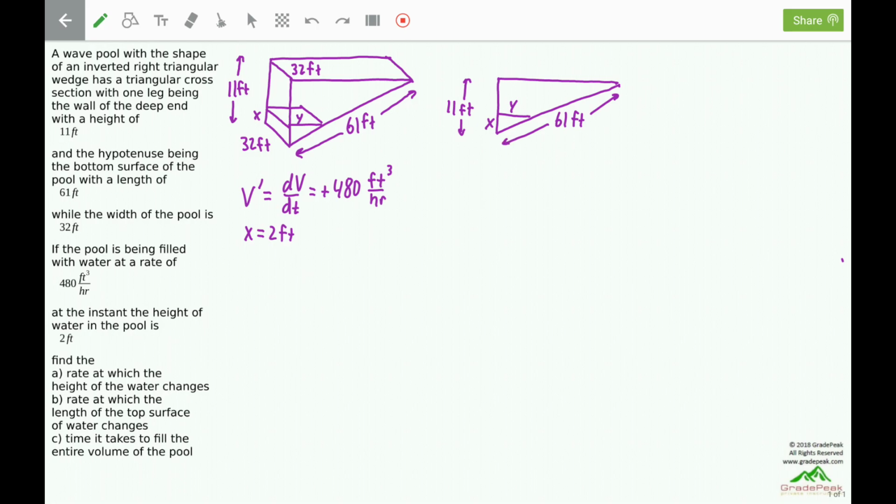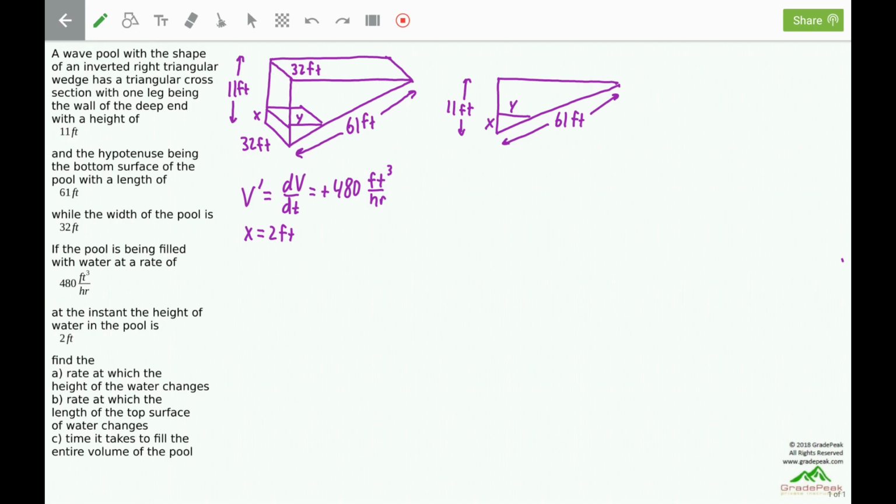We have similar triangles here between the water triangle and the pool triangle. They have the same angles. I want to be able to have x and y related to each other, so I need to find the top length of the pool here.